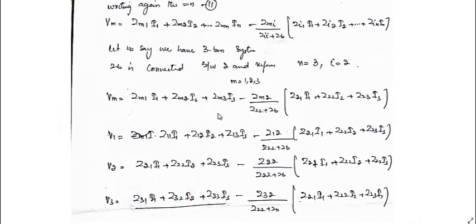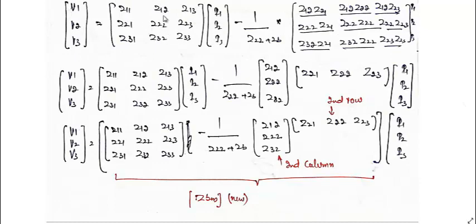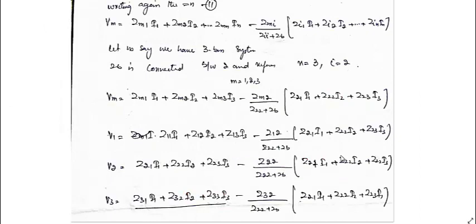That means this portion I have represented by these two matrices, that is this Z matrix and this current matrix. And this can also be represented by this Z matrix and current matrix. This will be 1 by Z22 plus Zb, which I will take out. This will be equal to Z12 into Z21, Z12 into Z22, Z12 into Z23. You can see it from here.